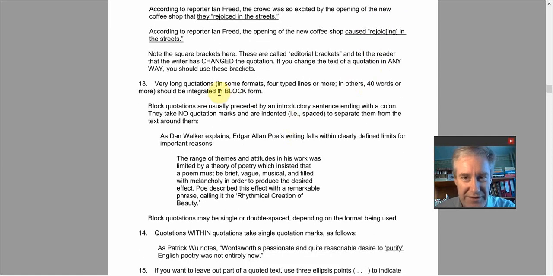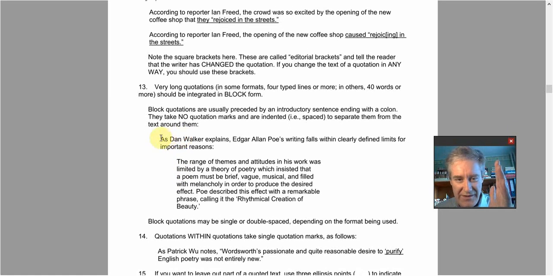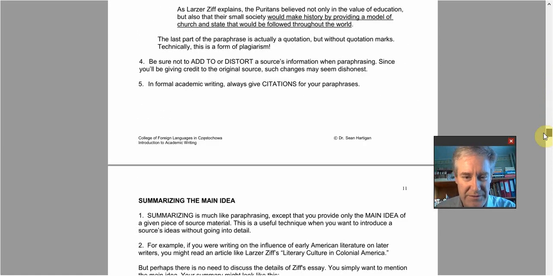Okay, so here on page 7, we're looking at block quotations. And you can see here that this block quotation is pushed in from the side of the page. Right? So here's the regular essay text, as Dan Walker explains, blah, blah, blah. And then the block quotation is pushed in a little bit more. So extra indentation. Okay, back to page 14.